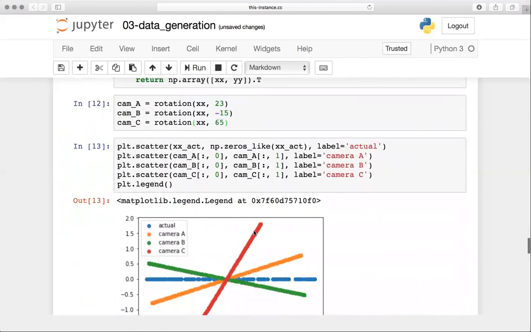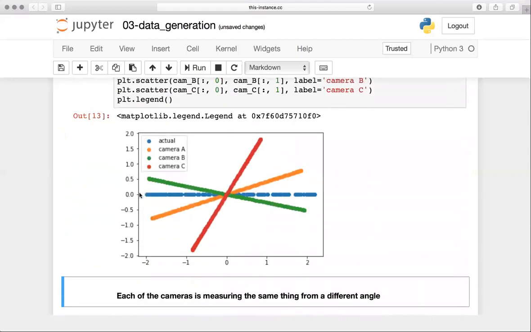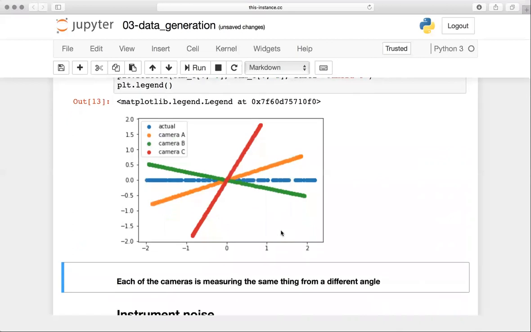And you can see that the blue is the actual movement of the mass, the red is camera C, the orange is camera A, and the green is camera B. So the cameras themselves are already a little bit confused. They think that this spring is moving differently than it actually is, and this is just part of how the camera was placed.